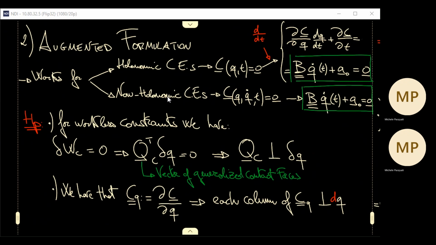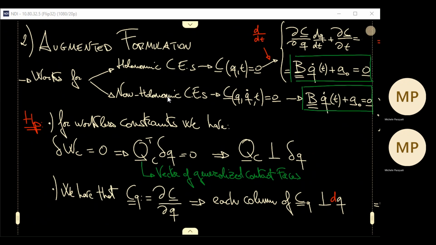Or, for example, in a hinge, you're going to have contact forces between, I don't know, the end of your structure and the hinge itself. Well, if this is true, then you have that this product, which is exactly the definition using D'Alembert's equation of this work, virtual work, is zero. If this is zero, you have two possibilities. Either this is zero, the generalized contact forces are zero, but this is the trivial case, we don't consider it, or the two are perpendicular. Okay, so this is the first observation.